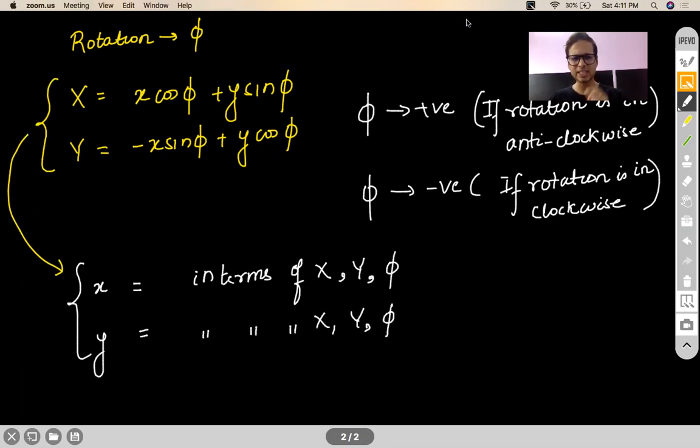Please do this exercise, a small trick question. Treat it like a small trick question and solve it.